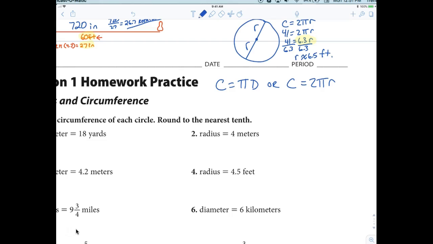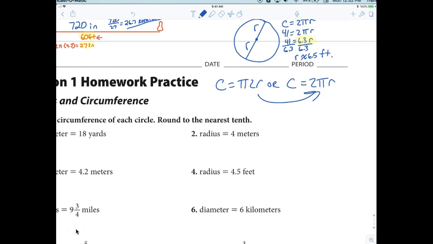The diameter is always twice the radius. So on my formula, I can replace the diameter with twice the radius. That's how we're coming up with this other formula. Is everybody with me? So the formula you have to remember is pi times the diameter or 2 pi r.